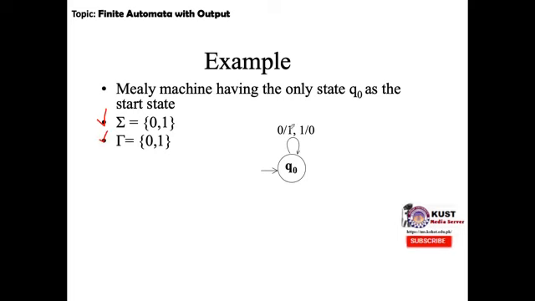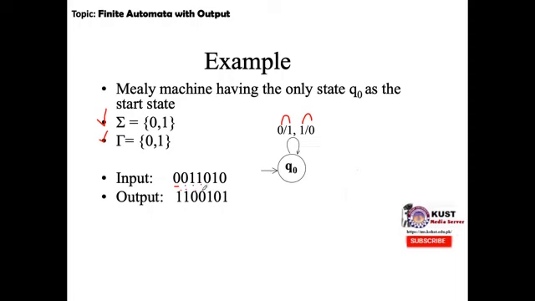And the transitions are: reading 0, we print 1. Reading 1, we print 0. So our input is 0, 0, 1, 1, 0, 1, 0. So every time we read a 0, what do we print? 1. We read a 0, we print a 1. We read a 1, we print 0.